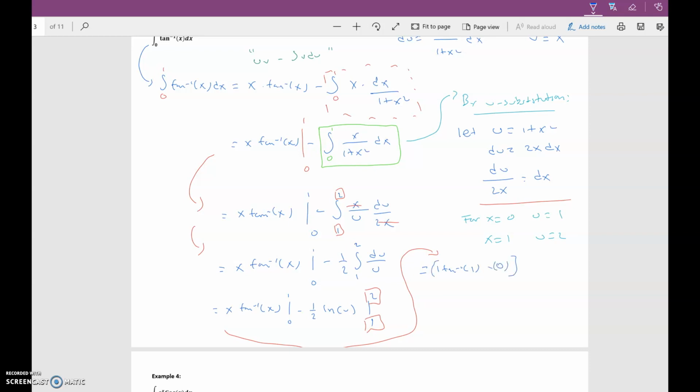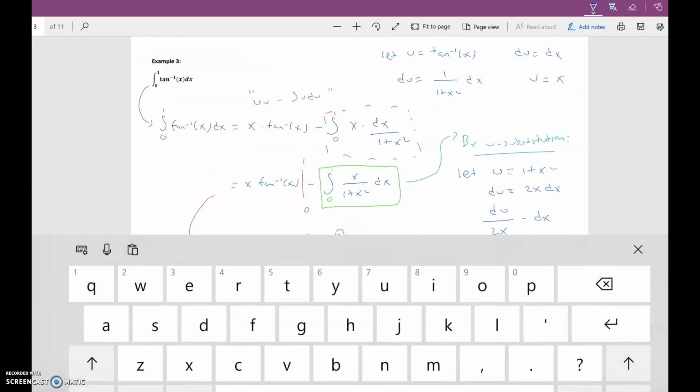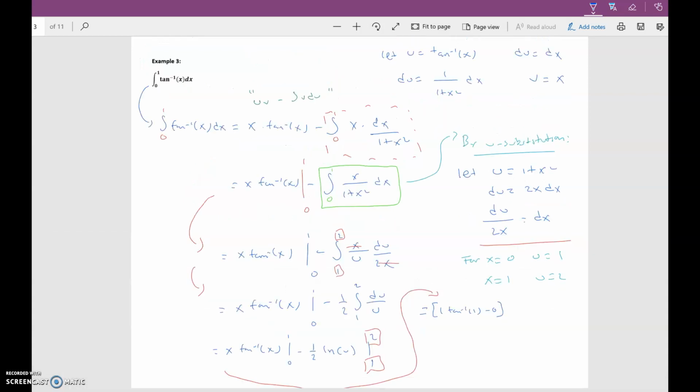So the first portion is 1 tangent inverse of 1 minus 0, and then minus 1/2 times ln of 2 minus the ln of 1.